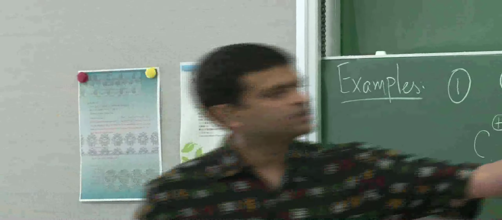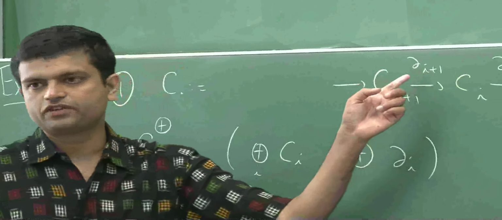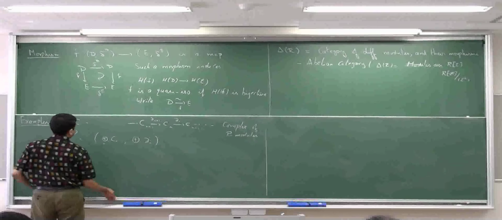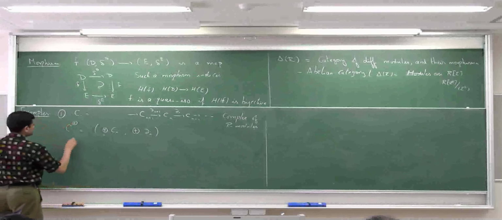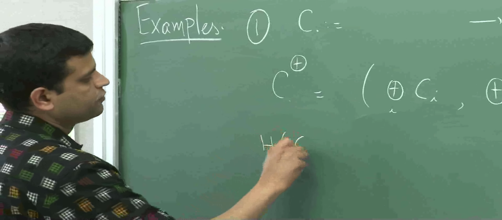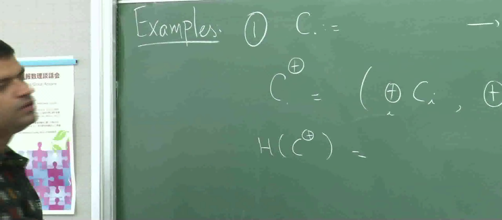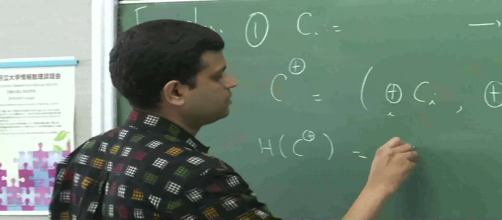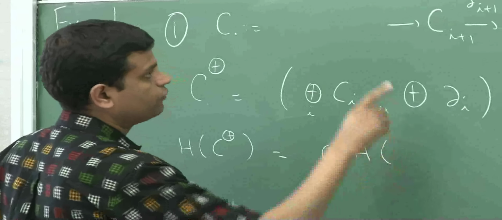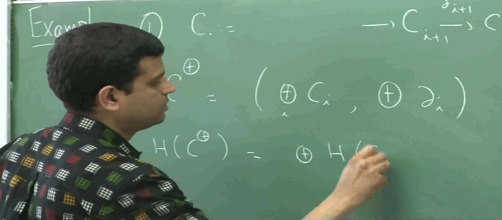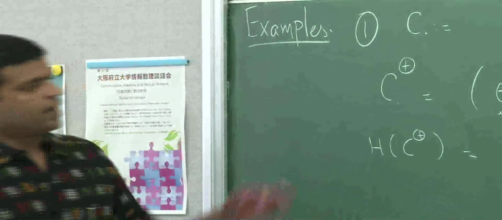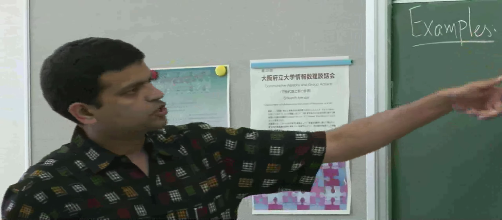Yeah? And the property that the composite of consecutive differentials is 0 tells you that this is a differential on the module. And note that in this case, the homology of this differential module is nothing but the direct sum of the homologies of the complex. So every complex gives rise to a differential module.